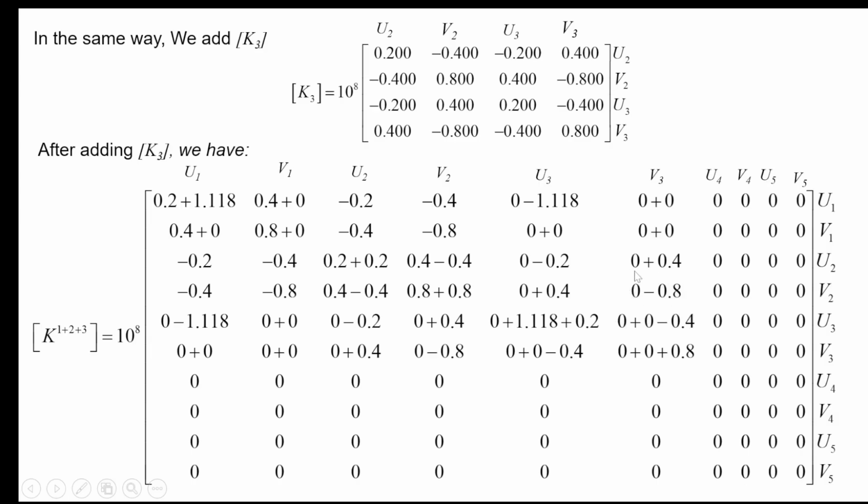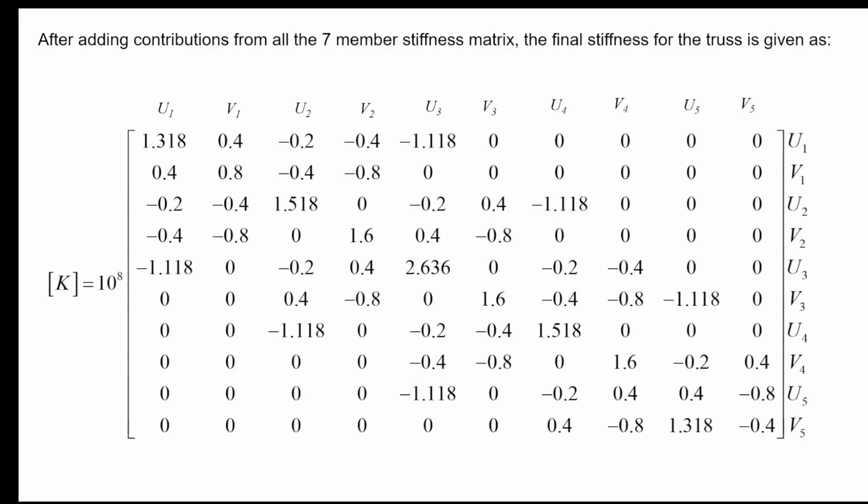After we have placed the stiffness matrix from all the members, what we will now have is the global stiffness matrix of the entire truss system. So this is how it looks after we have positioned and added everything. Remember that all the stiffness matrix forms were in terms of 10 raised to power 8, so that is why this global stiffness matrix is also in 10 raised to power 8.